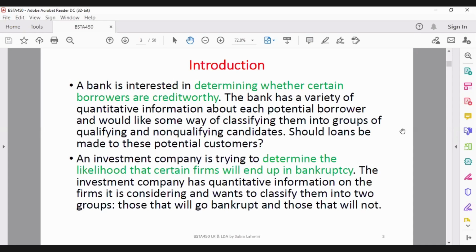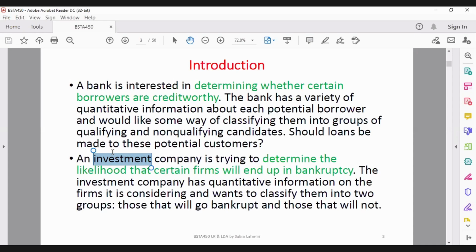Another example: an investment company trying to determine the likelihood, or the probability, that certain firms or investments will end up in bankruptcy. The goal of the financial analyst or data analyst is to discriminate between risky and non-risky companies, to decide in which the portfolio manager will invest his or her money.